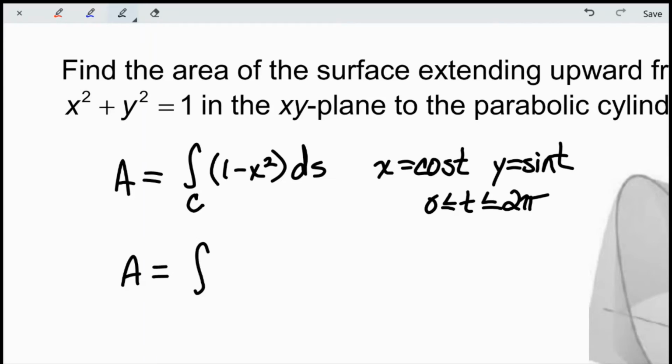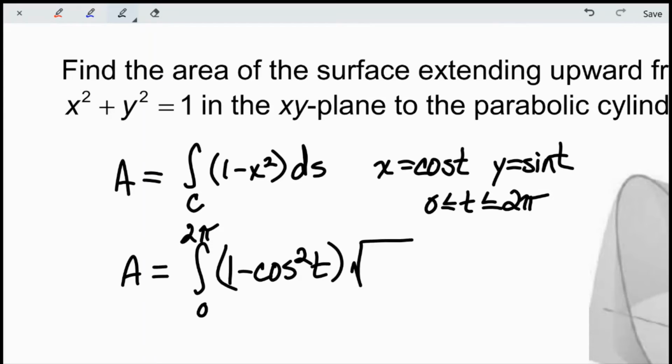I know I'm going to integrate from 0 to 2 pi. 1 minus x squared becomes 1 minus cosine squared t. And then for my arc length piece of this, it's just the square root of sine squared t plus cosine squared t, dt.